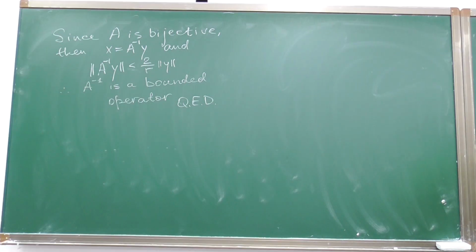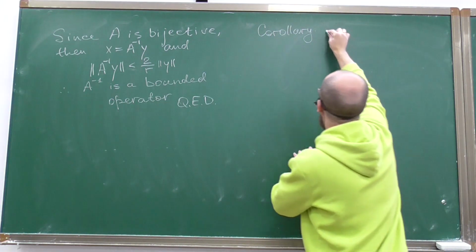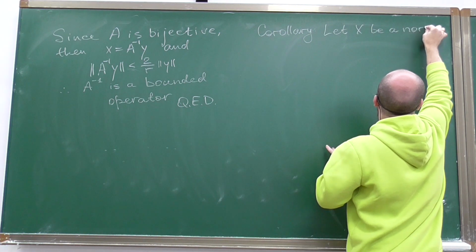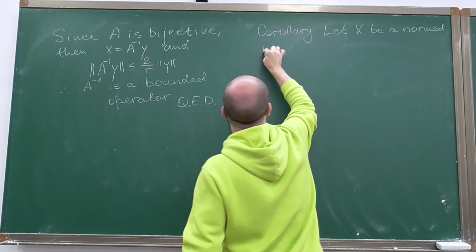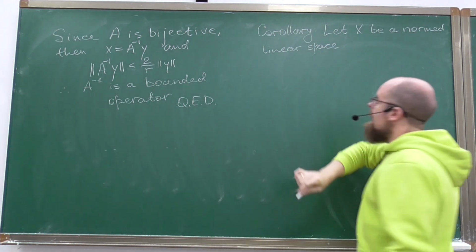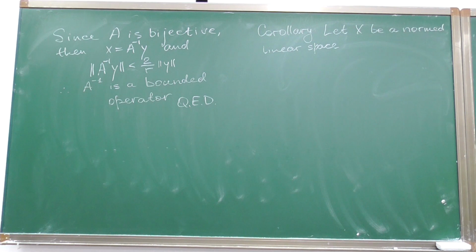These results have very interesting corollaries. So let me state some of the corollaries. Some of them will be exercises for you, and some of them will be proven. Let us consider a linear space with two norms on it, such that X is complete with respect to both of them.